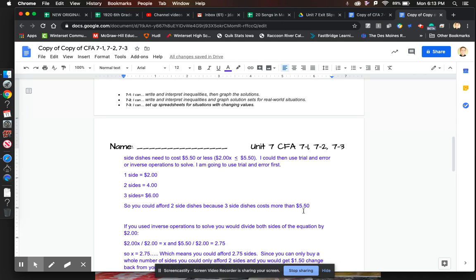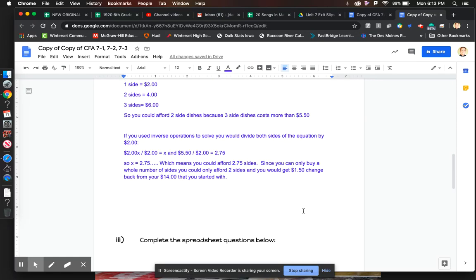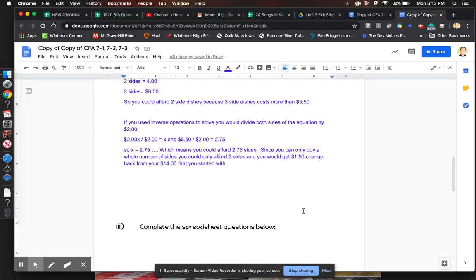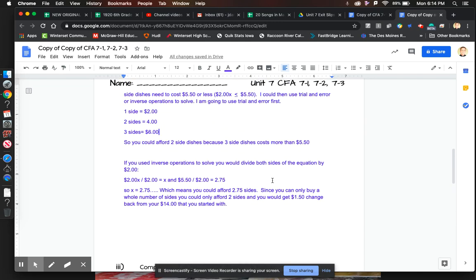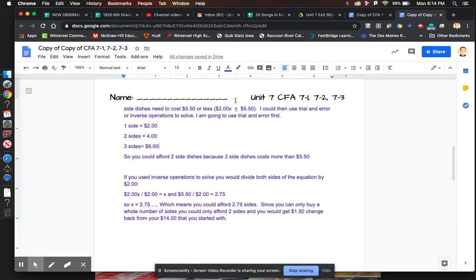It costs $6. If you used inverse operations to solve this, instead of trial and error, then all I would simply do on both sides is divide them by $2. If we look back up here at the inequality we had changed it to, if I take x times $2, to undo that, I divide by $2. So right down here, I took $2 times x and divided by $2, and that just leaves me with x.